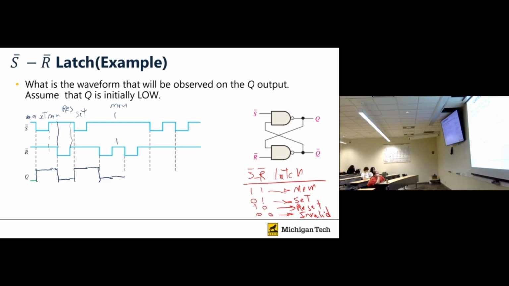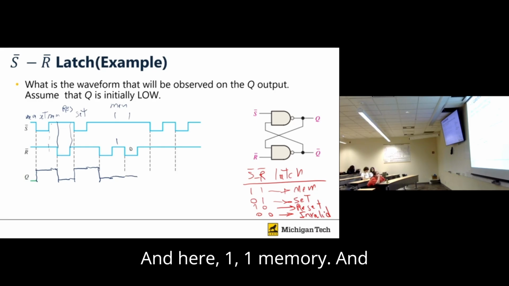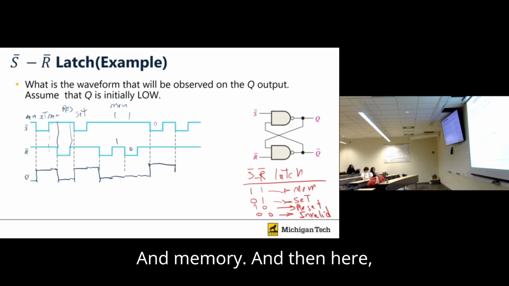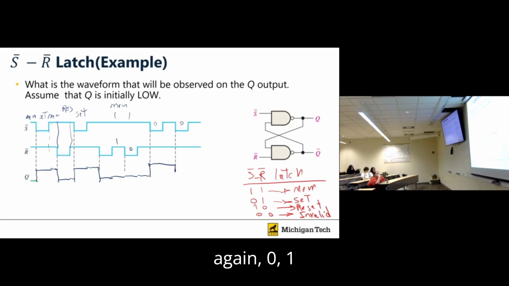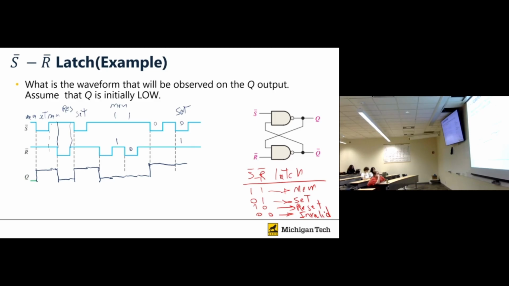Here, 1, 0, so it means reset. Here 1, 1, memory. And here 0, 1, set and memory. And then here again 0, 1, set. The 0, 1 is set, it stays set. And memory. That's it.